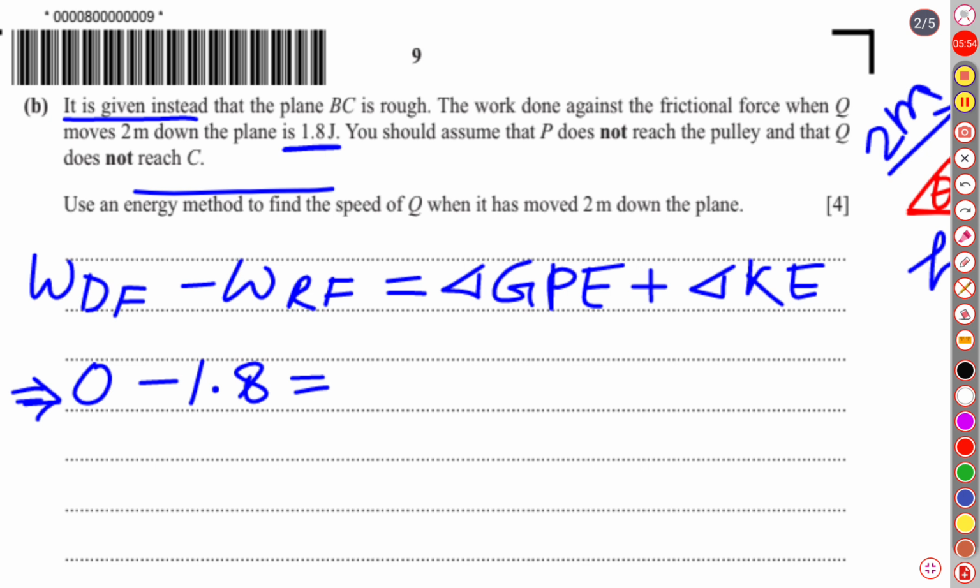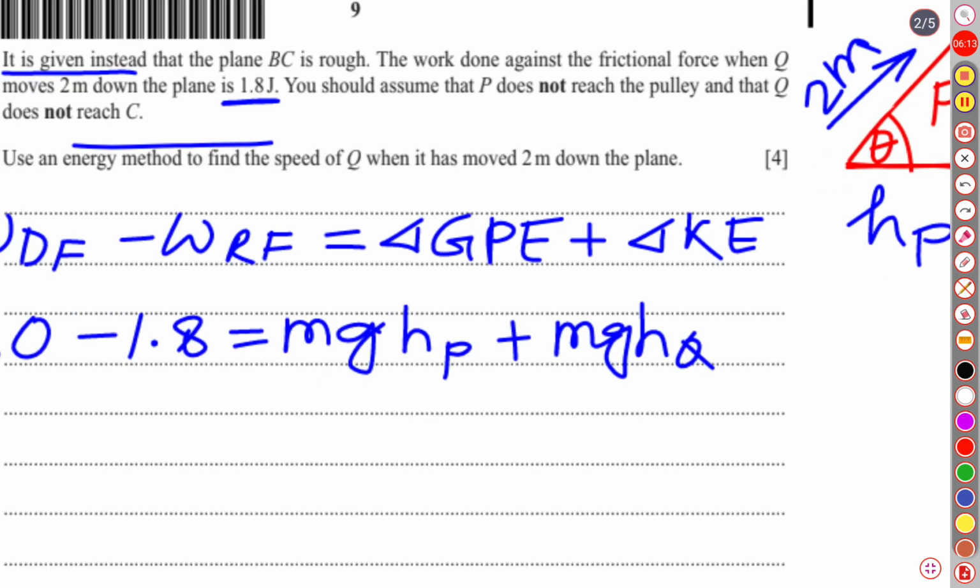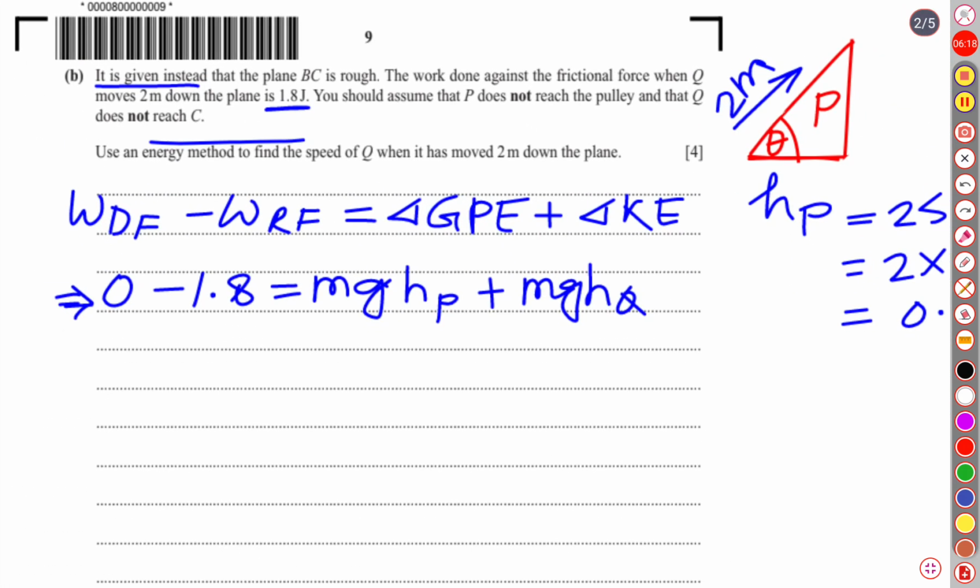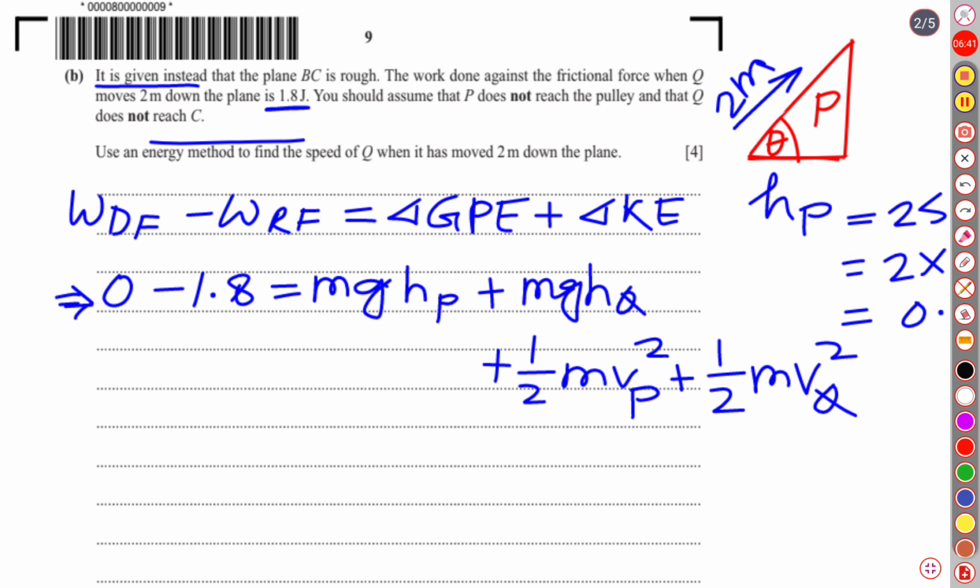The formula for change in GPE is mgh of P plus mgh of Q. Then change in kinetic energy is half m v square of particle P, plus half m v square of particle Q. So there will be two components for both GPE and kinetic energy.